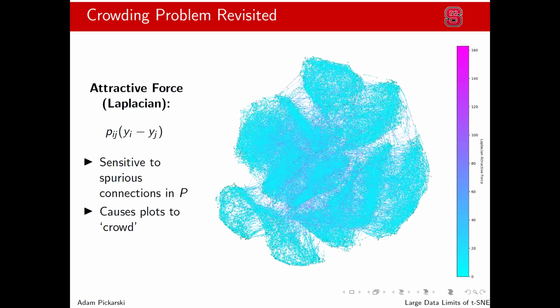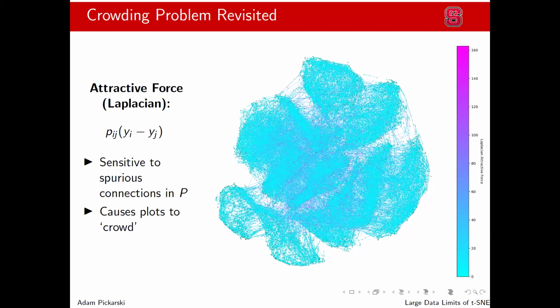Now, it turns out that the original interpretation of the crowding problem isn't actually how I like to interpret it now. It turns out that t-SNE, and regular SNE, also had quadratic attractive forces. And the funny thing about a quadratic attractive force is that, say you're doing a KNN graph construction and you have a two moons data set. Well, you're inevitably going to get a spurious edge if you want your graph connections to be on manifold.